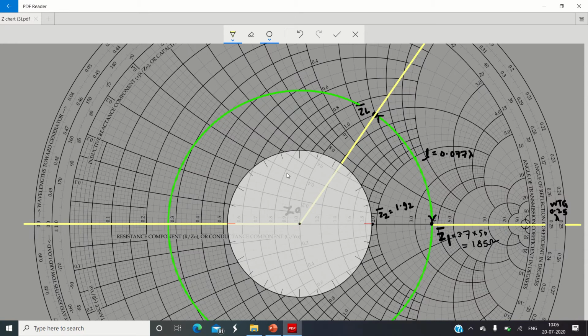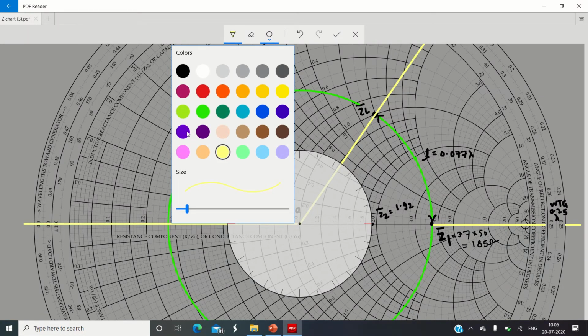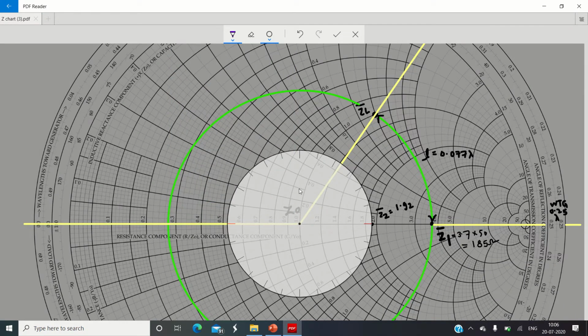I will choose a different color here, this dark purple color. Start from Z2 bar, draw a semicircle, and on the right hand side real axis you intersect somewhere. I am only drawing the semicircle, not the full circle.